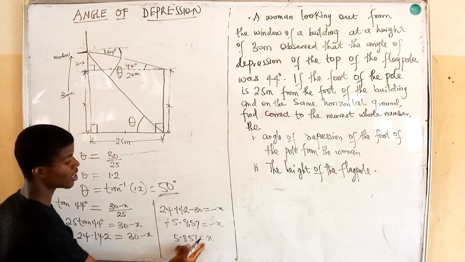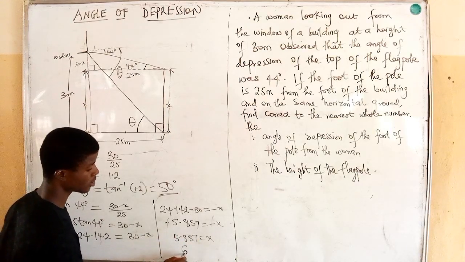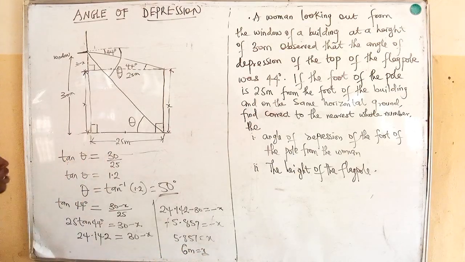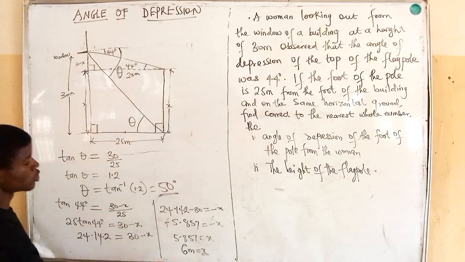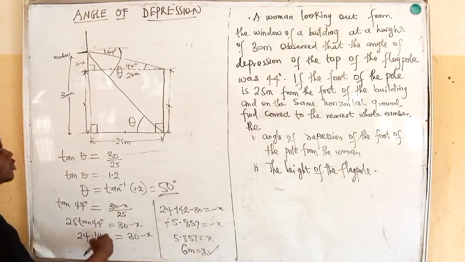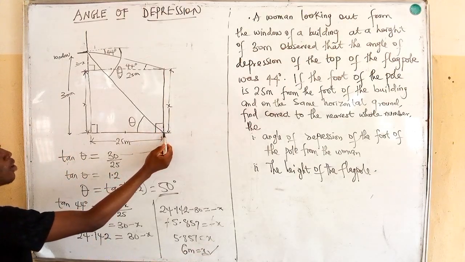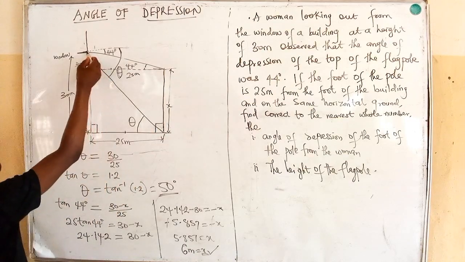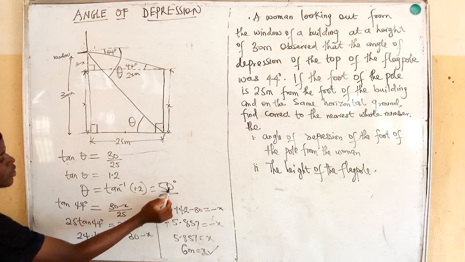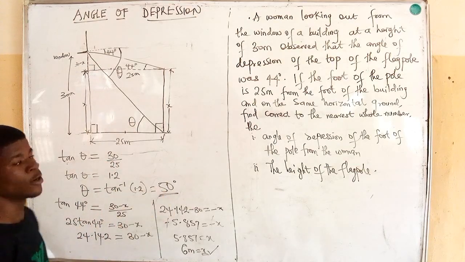So for approximate the nearest whole number, we have 6 meters is x. So x is 6 meters, which is the height of the flagpole. So the height of the flagpole is 6 meters, while the angle of depression of the bottom of the flagpole from the woman at this point of the window is what? 50 degrees to the nearest whole number.